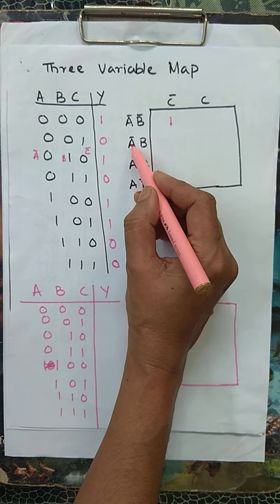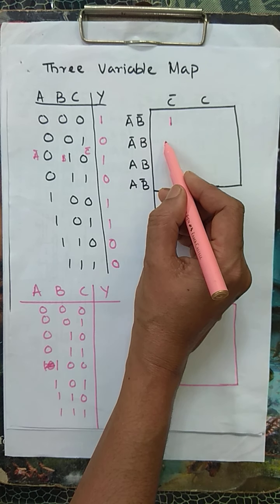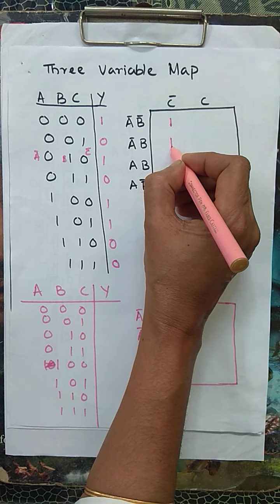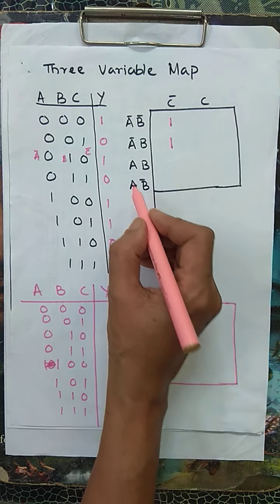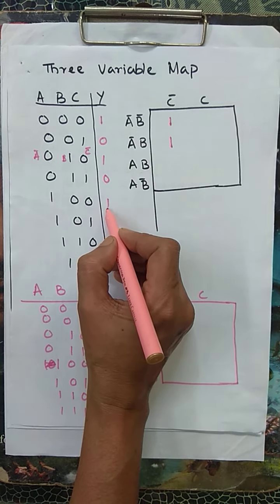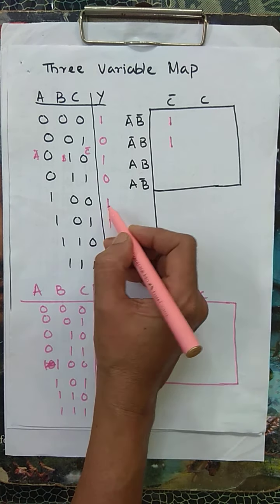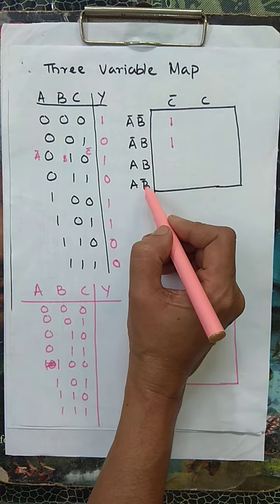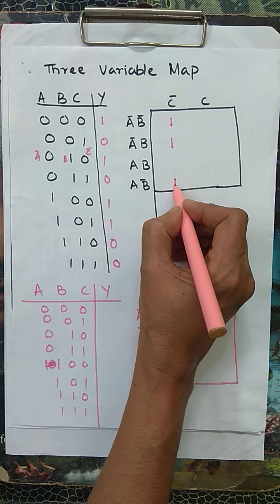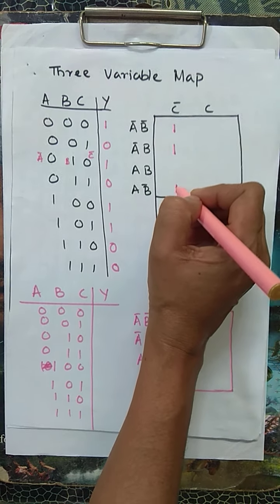So A complement B C complement. That means at this position again I'll get 1. Now this is 0. Next combination is this, that is A B complement C complement. This is 1.